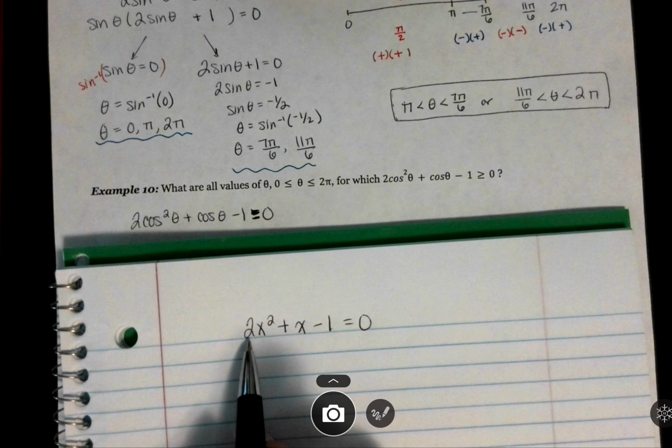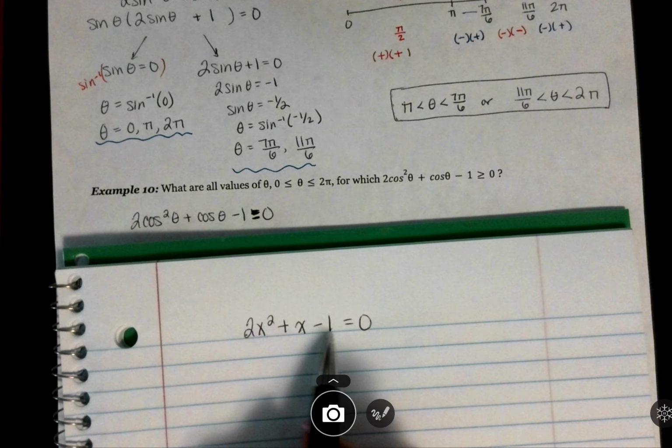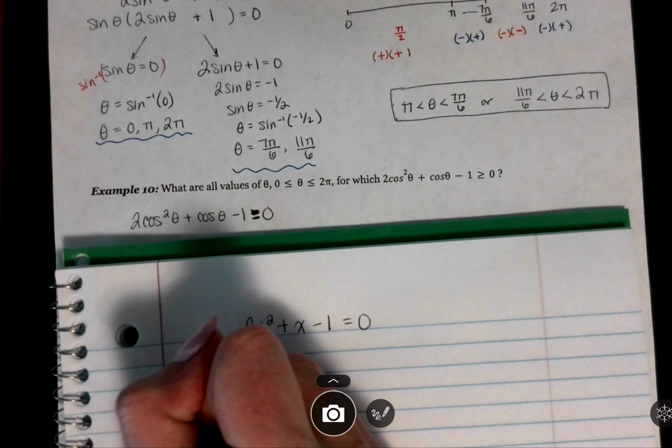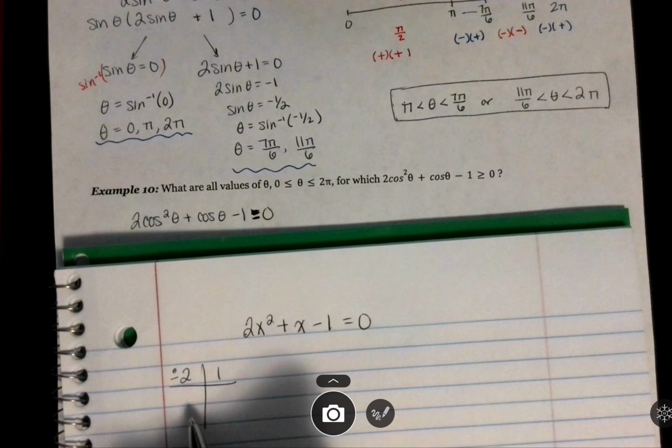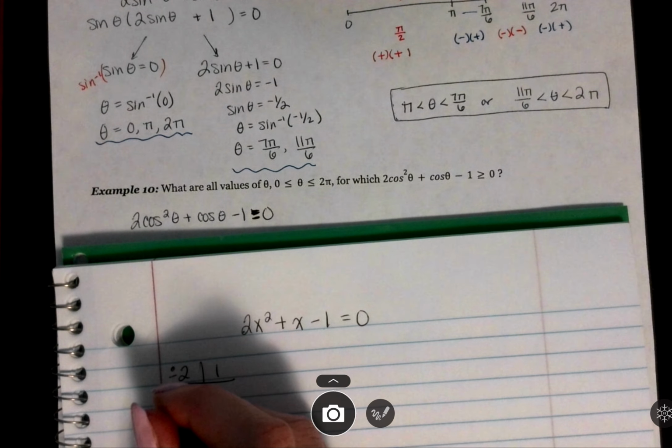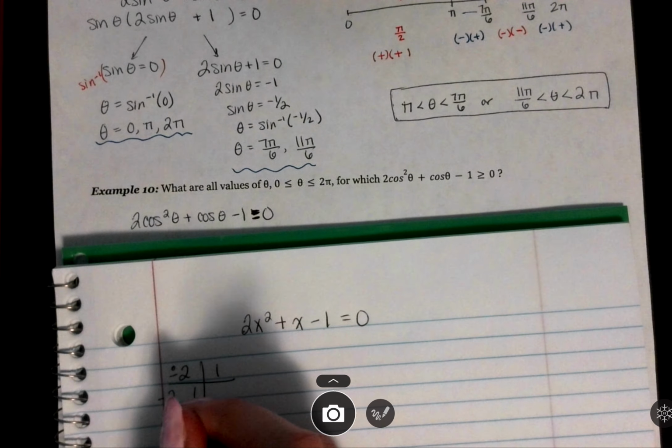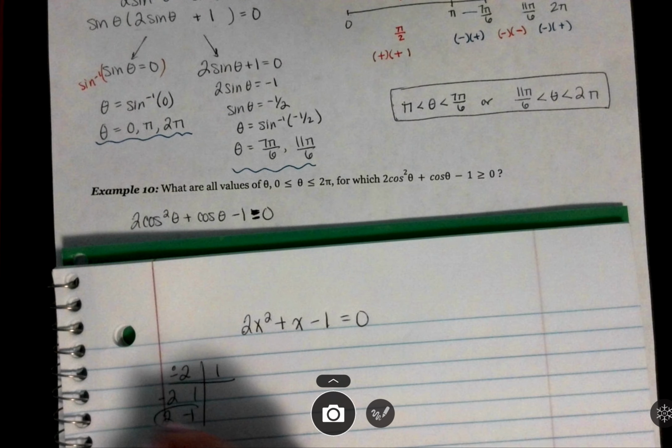If I factor something where a is not 1, I want to multiply those together. So I want numbers that multiply to negative 2 that add up to positive 1. I have negative 2 and 1, or positive 2 and negative 1, and since I want positive 1, I want my second pair.